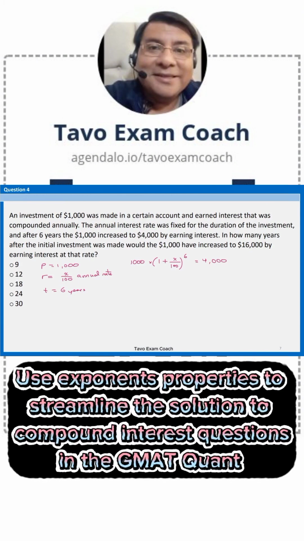Then we are requested to find how many years, let's say a number of years n, should pass for the $1,000 to have increased to $16,000 by earning interest at the same rate.